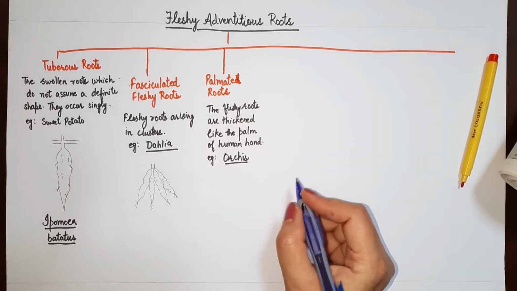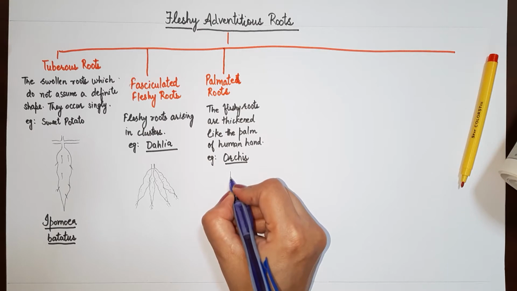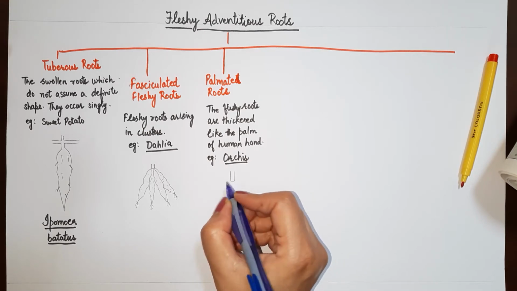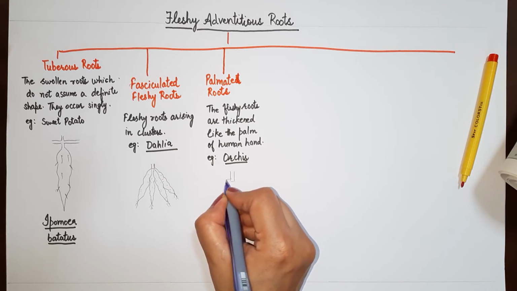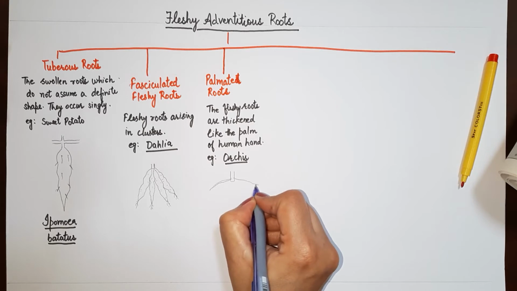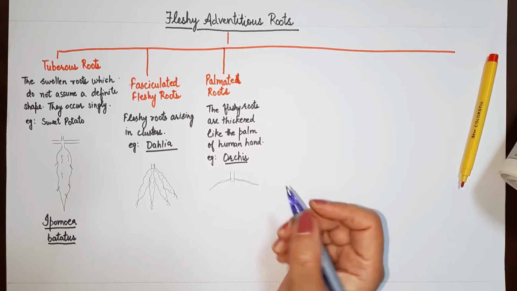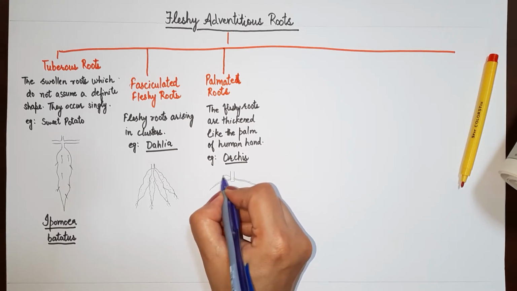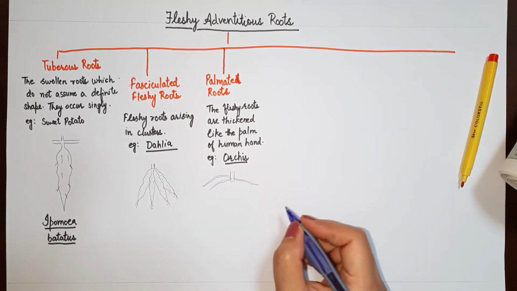So in this case, you will draw stem. From stem, few normal adventitious roots arise. You can draw 2-3 such roots. They are the normal adventitious roots, means they are not storing food.